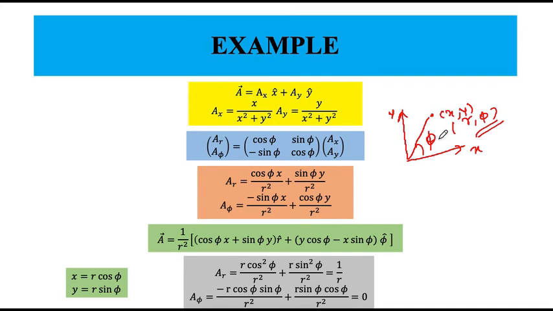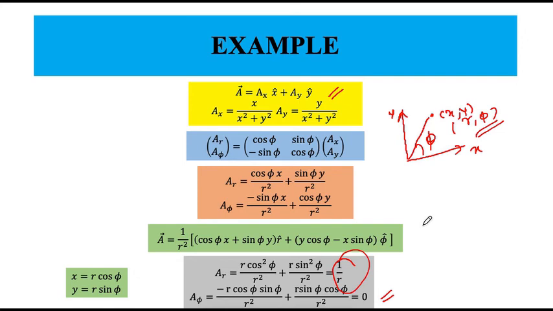There are an infinite number of choices, yet my vector A, which was originally Ax equal to x by x square plus y square, or we can say vector A is Ax x hat plus Ay y hat, is actually giving me a component only in r. There is no mention of a phi component. So the phi component is 0 in this case.